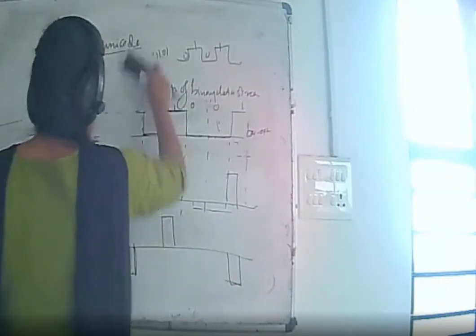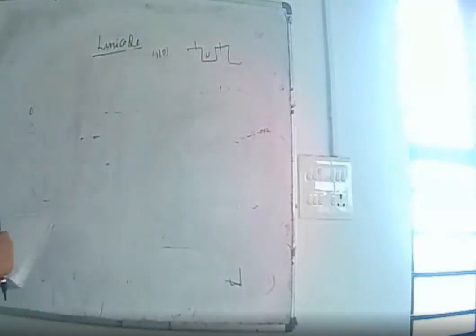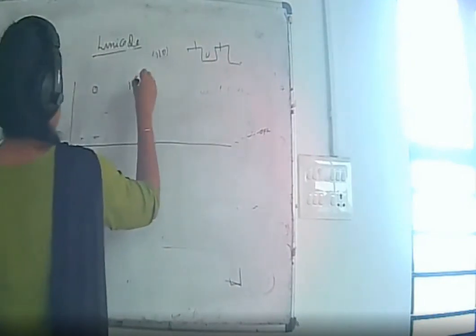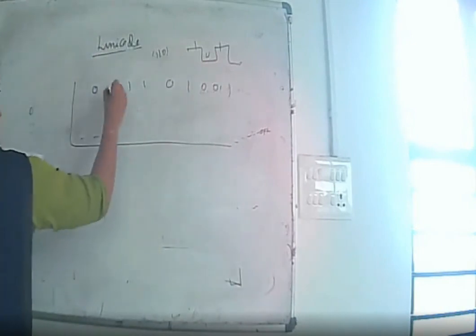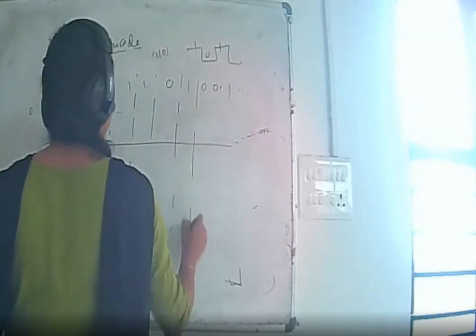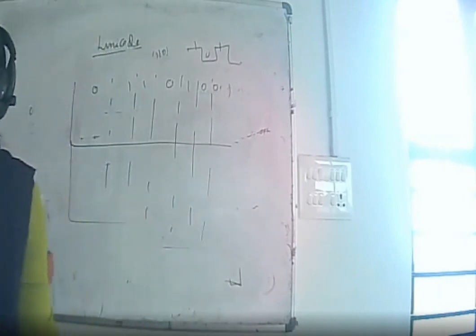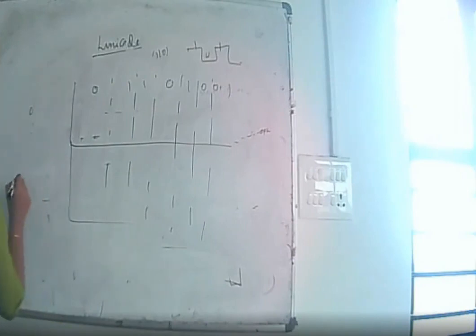And the last one is Manchester coding. Here, if the sequence is 0, 1, 1, 0, 1, 0, 0, 1, inside Manchester coding, zero is represented like this, and 1 is represented like this.